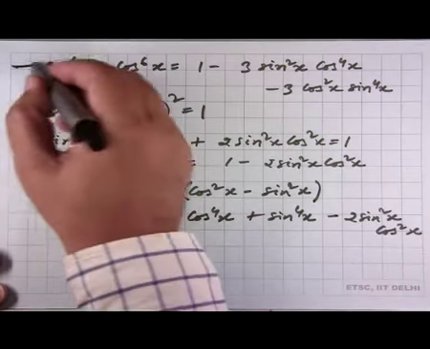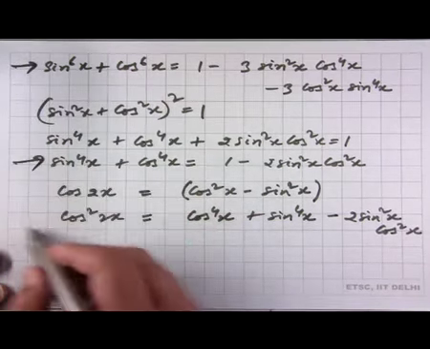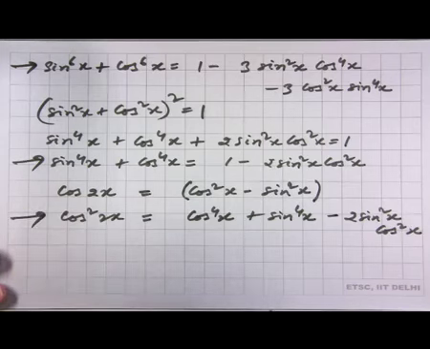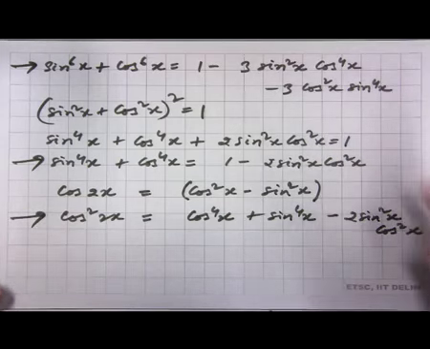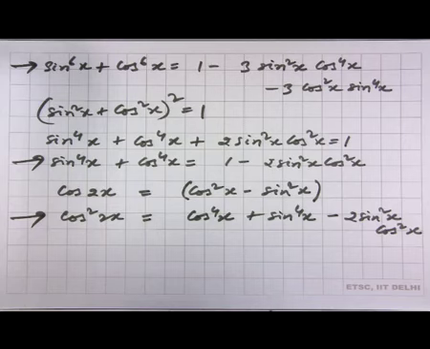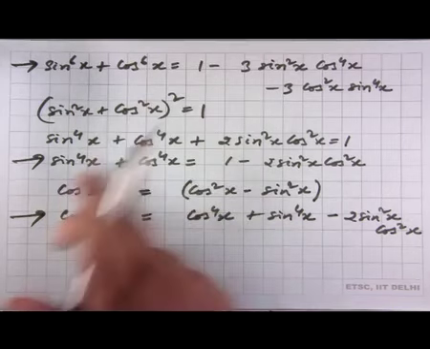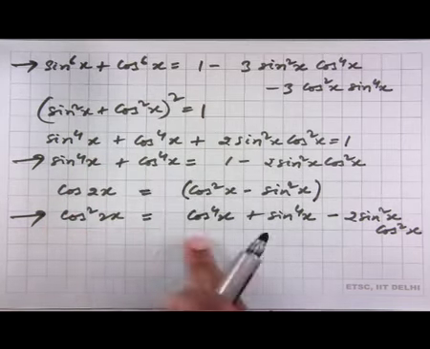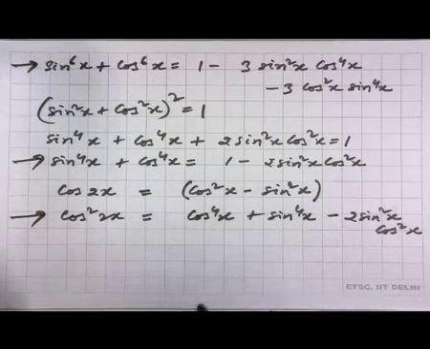So, we now are going to use all these three identities that we have derived. So, we will replace all these three by their corresponding right hand side.